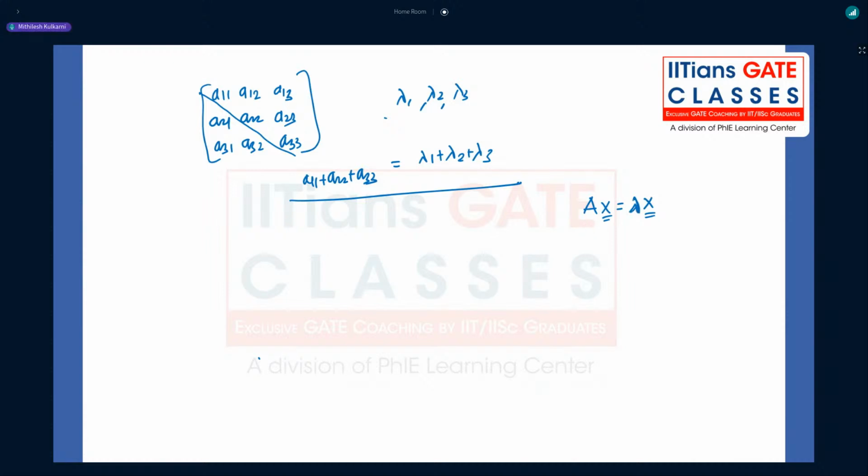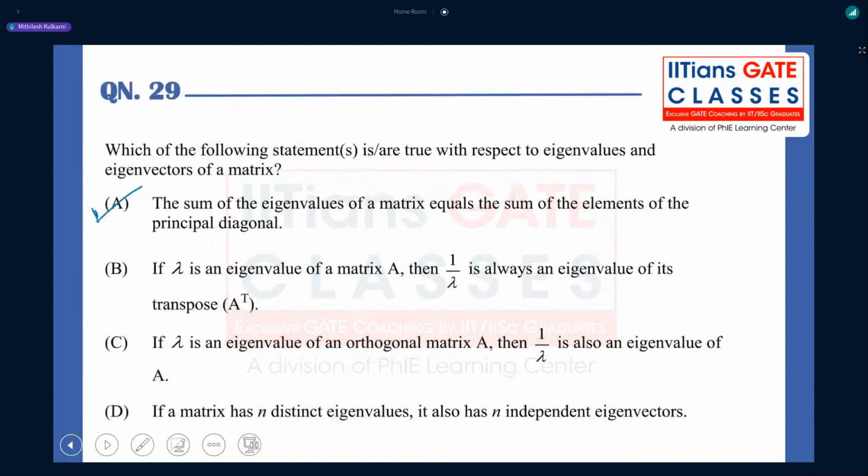So whatever operation we are doing for A, the same operation will be applicable for lambda. The eigenvalue of A square will be lambda square. The eigenvalue of A inverse, A raised to the power minus 1, should be equal to lambda raised to the power minus 1. So 1 upon lambda is an eigenvalue for A inverse. It is not the eigenvalue of A transpose. So this statement is incorrect here.